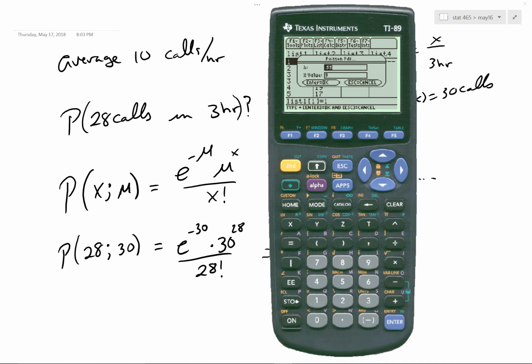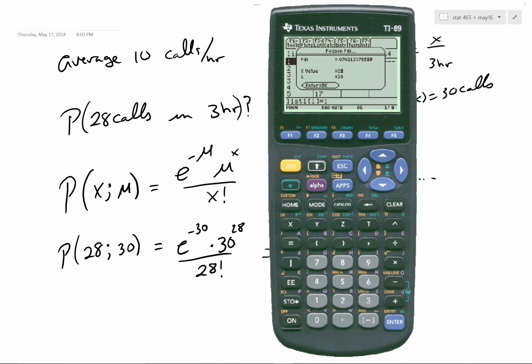We would have expected 30 potholes. A lot of other books and the TI calculator use lambda instead of mu. So I expect 30. What's the probability that I get 28? You see it's 7%. That's exactly what we got.